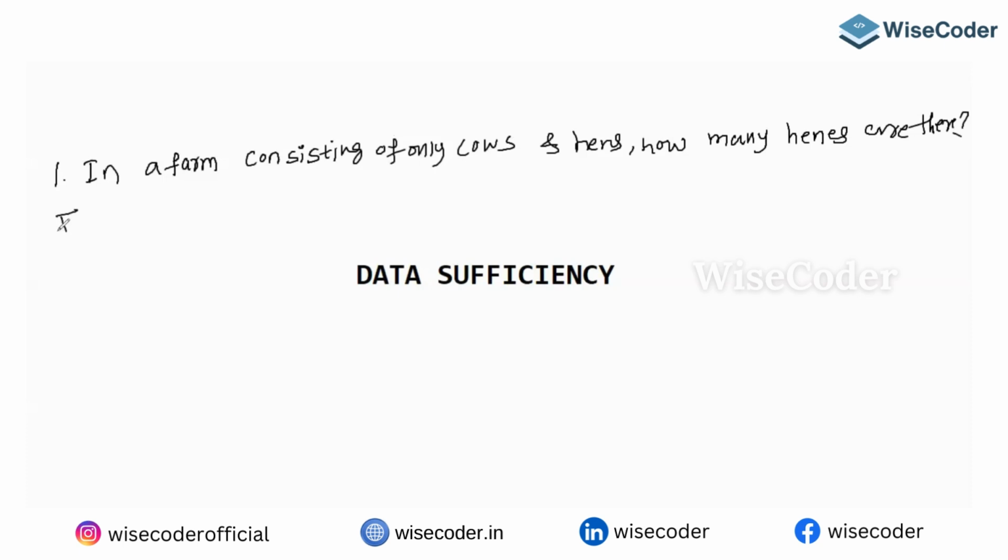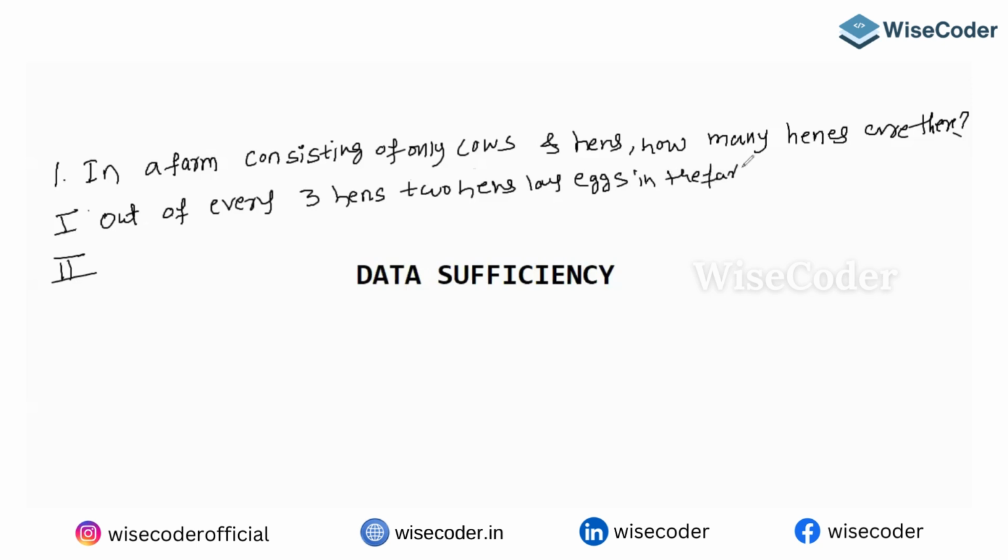I told you, followed by the question, you will have two statements. What are the two statements? The first statement says: out of every three hens, two hens lay eggs in the farm.